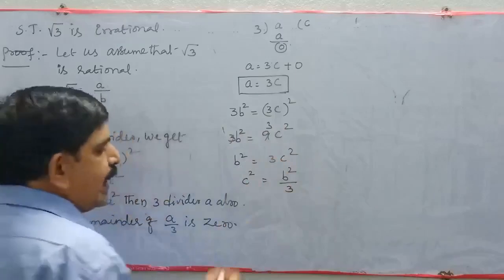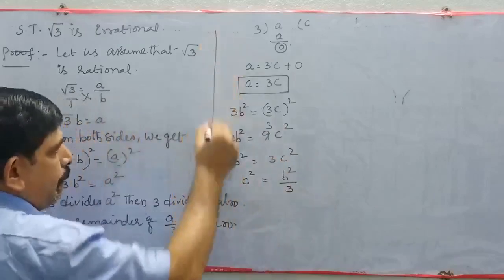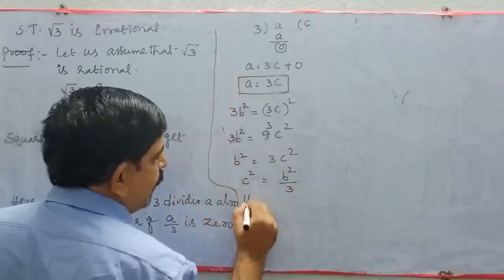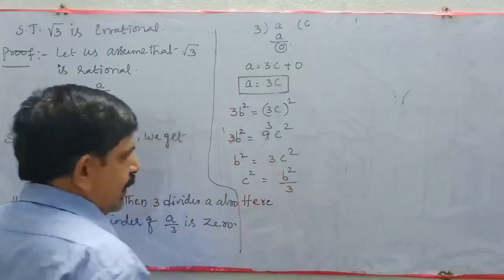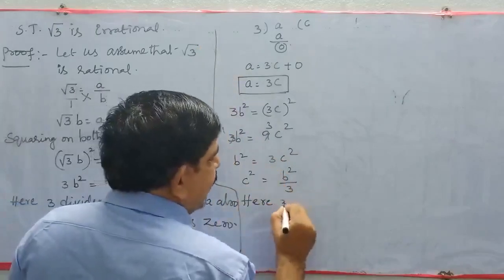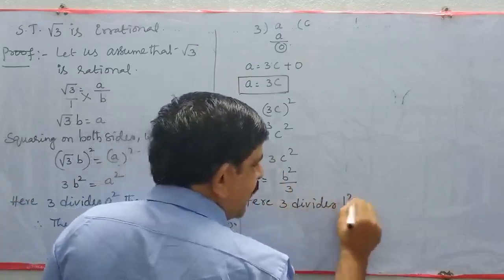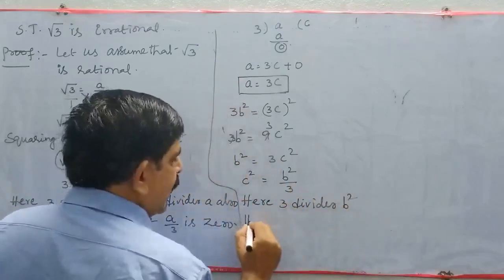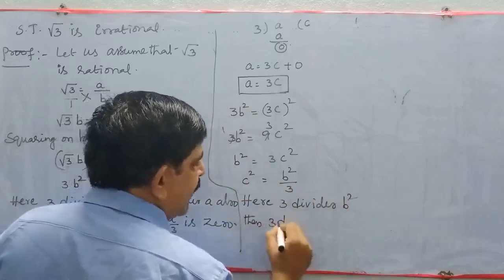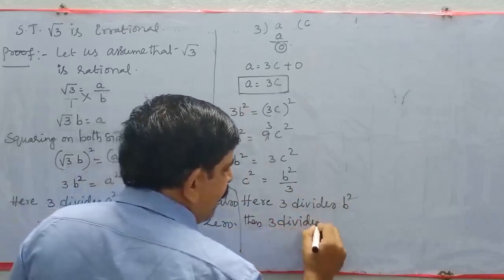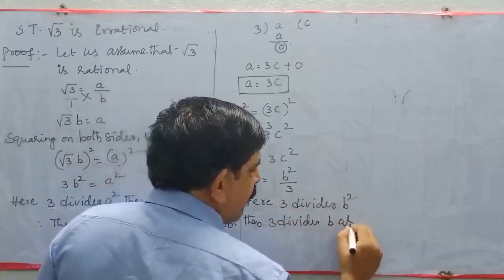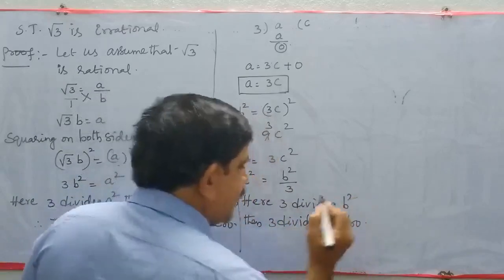Here 3 divides b square, then 3 divides b also.